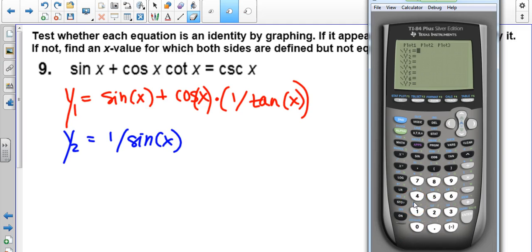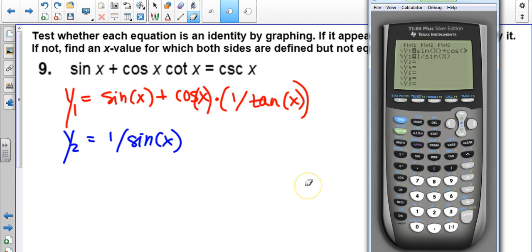Sine plus cosine times cotangent, or sine plus cosine times 1 over sine. And then cosecant is just 1 over sine, and I'm going to go ahead and turn that bold on for the second one.